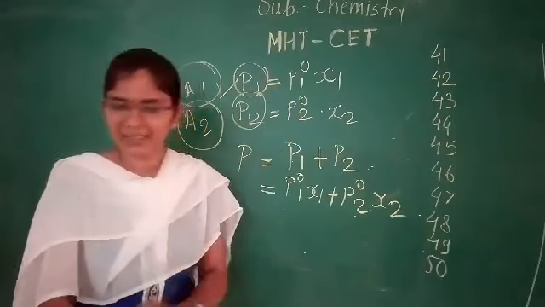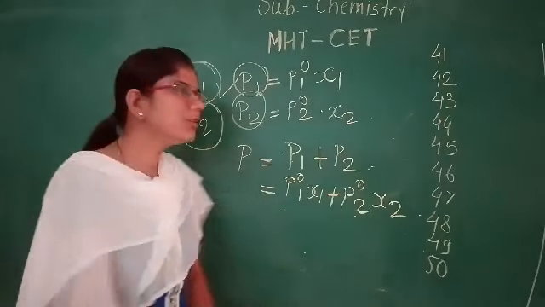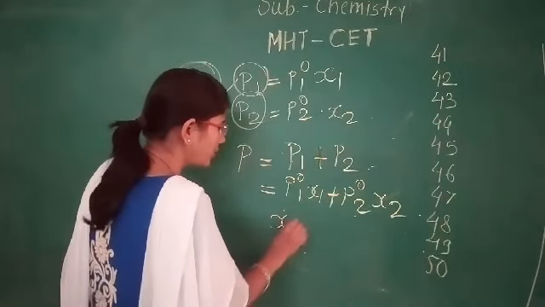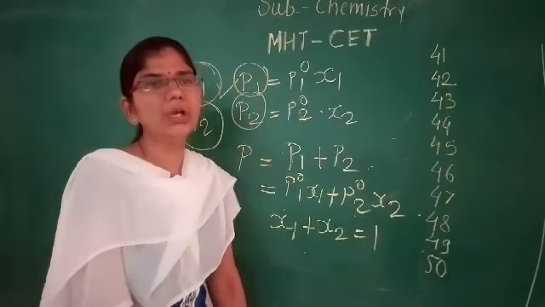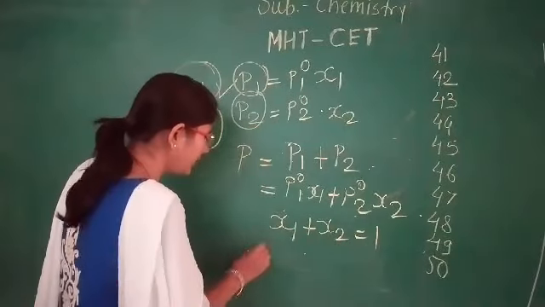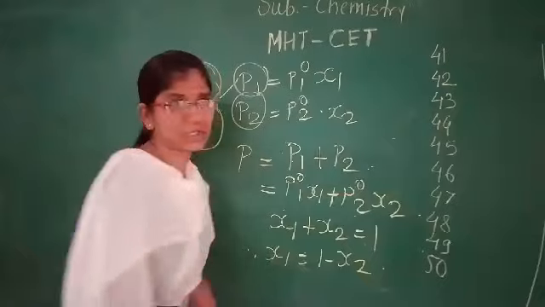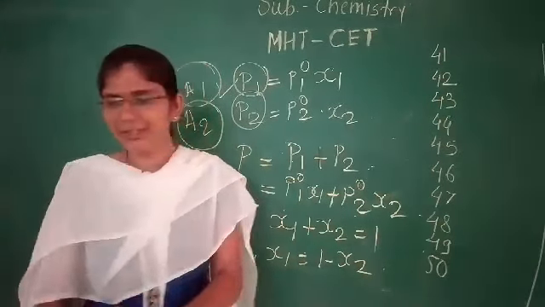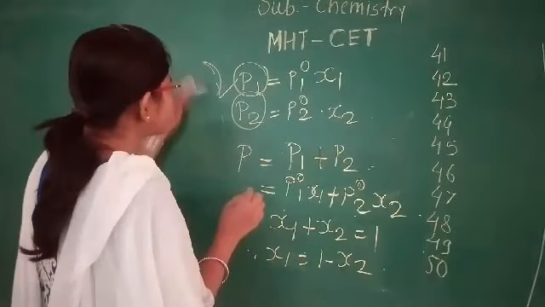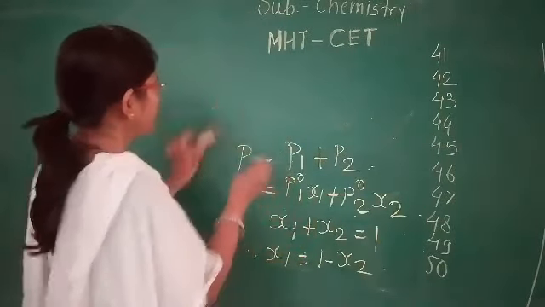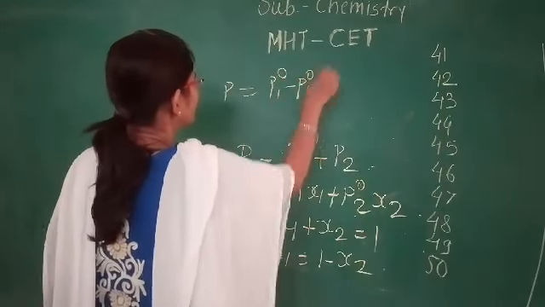But we know that the mole fraction of a solution, x1 plus x2, is always equal to 1, and therefore x1 is equal to 1 minus x2. If we put this value in this equation, we get the total pressure P equal to P01 minus P02.